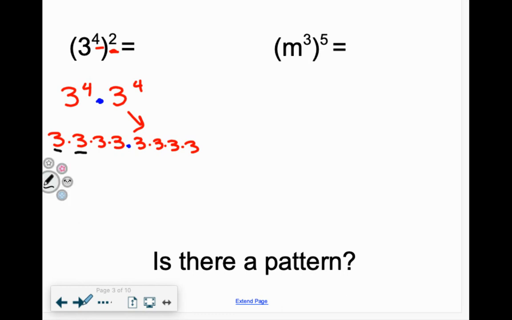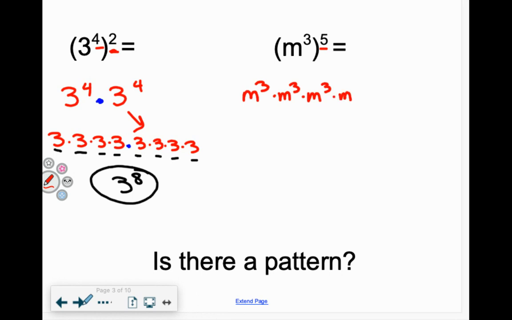And if we really want to count this, this is really the same as 3 to the 8th. So let's try it again over here. This 5 is telling us we have 5 of this thing. So 1, 2, 3, 4, 5.